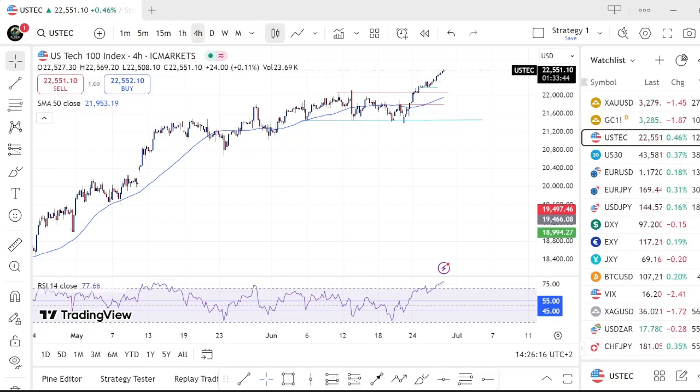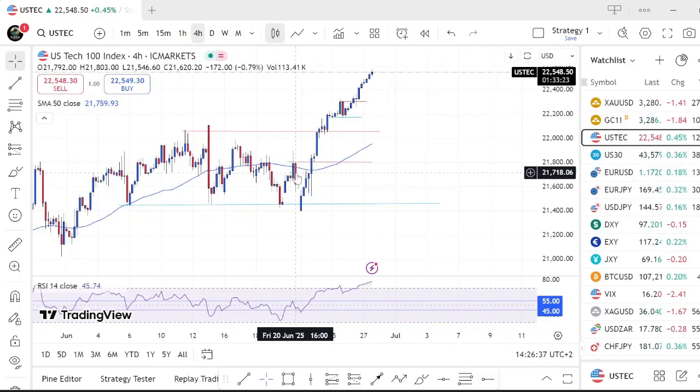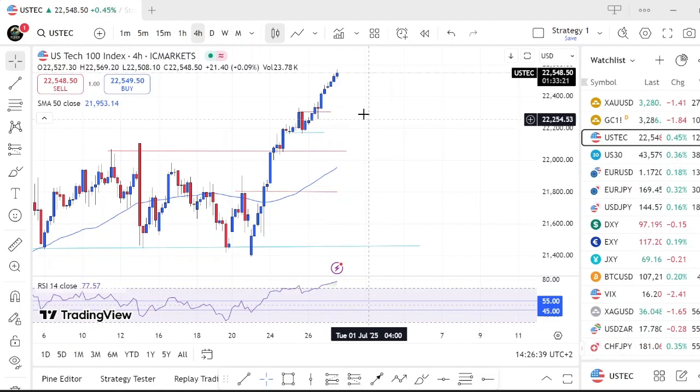We have not seen a retracement since this impulse move began, and it is currently priced at 22,549 with a clean break of the 22,000 barrier and steady bullish momentum to the upside with minimal retracement. With this overextended nature, we do need to see the markets retrace. Potential retracement zones are either 22,300 or 22,000, where price could come back, test before pushing to the upside.